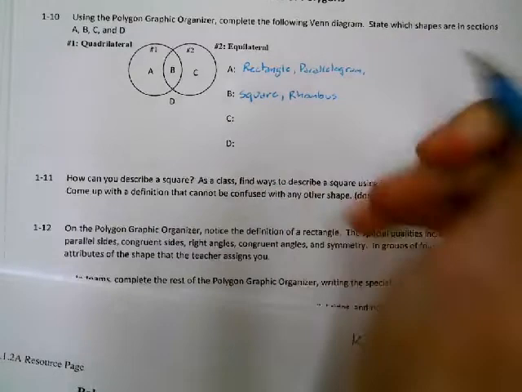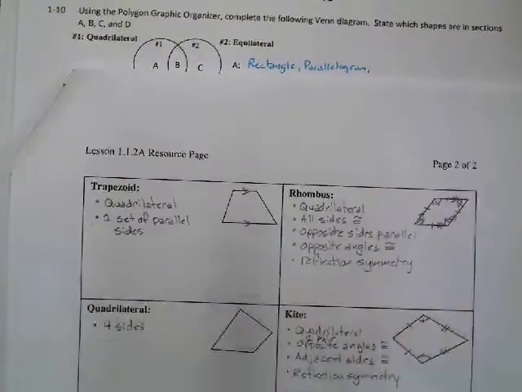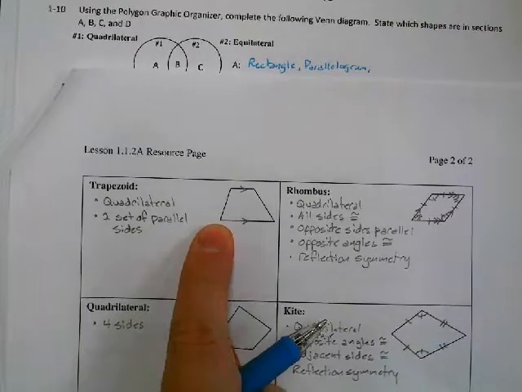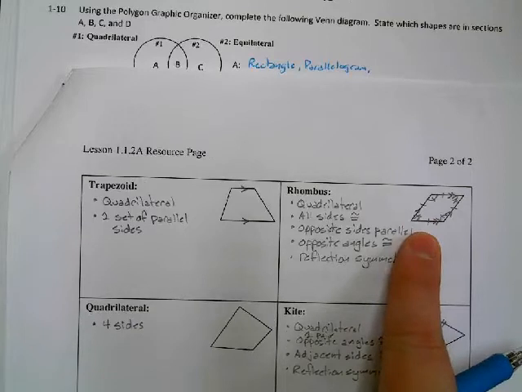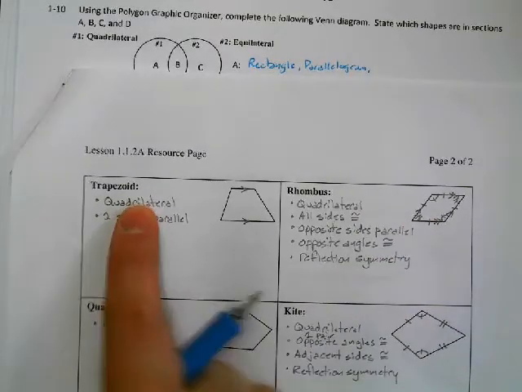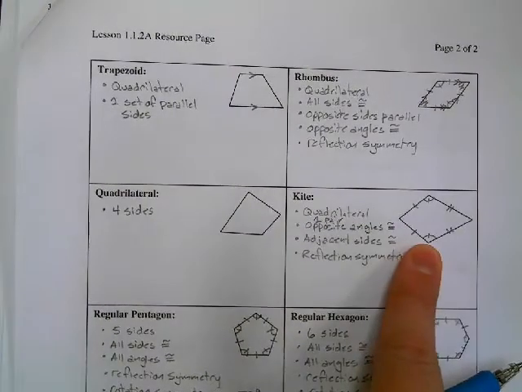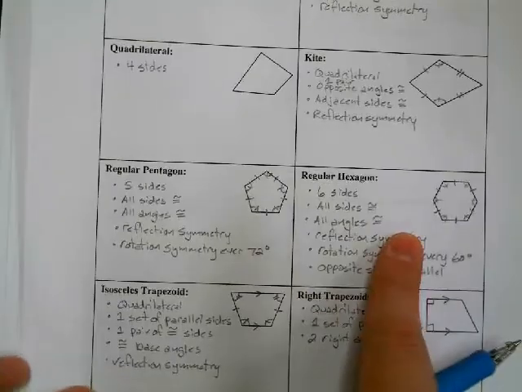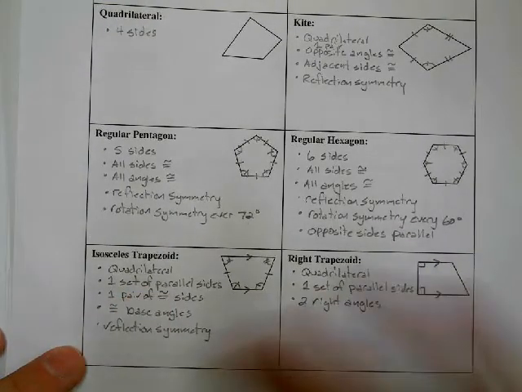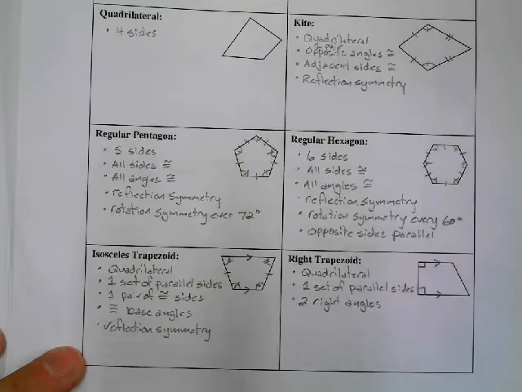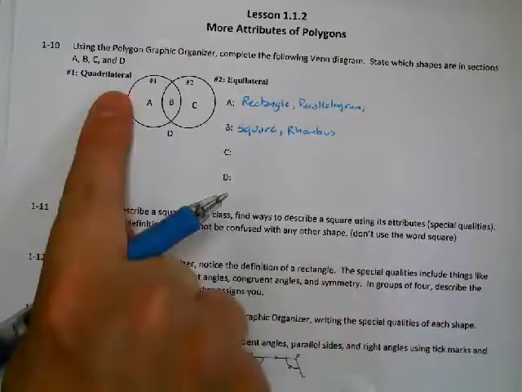Let's do the back page. So trapezoid. We already used this one because this one was both. It was equilateral and 4 sides. So we can add trapezoid. We can add quadrilateral. We can add kite. It's got 4 sides. Nope, nope. And we can add isosceles trapezoid and right trapezoid. So all 3 of the trapezoids, quadrilateral, and kite is what we can add to only quadrilateral, not equilateral.